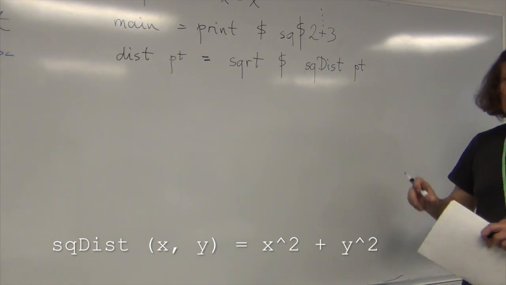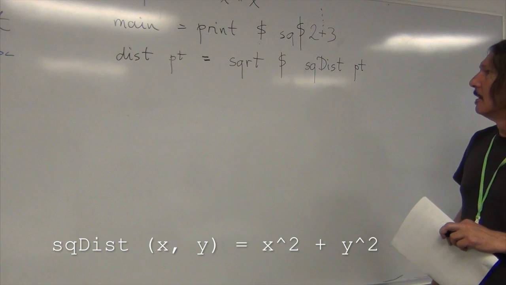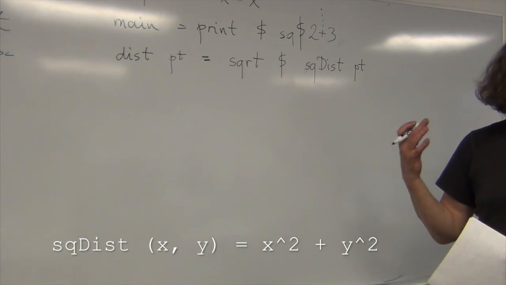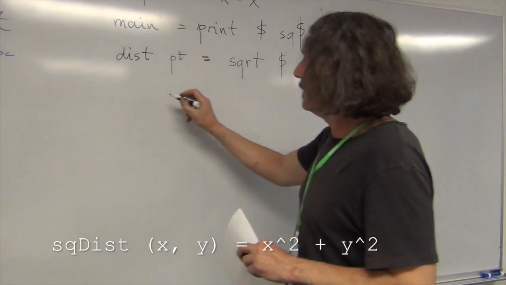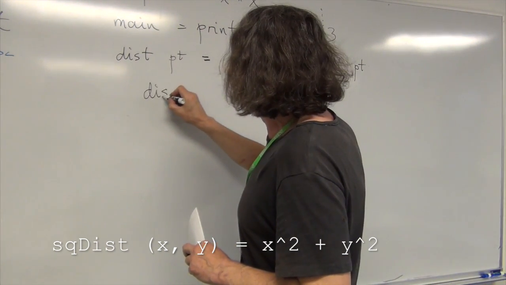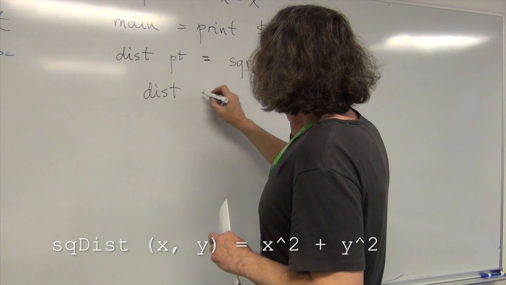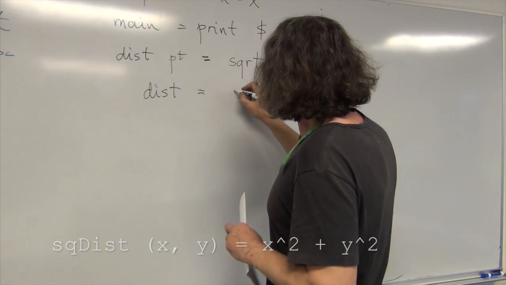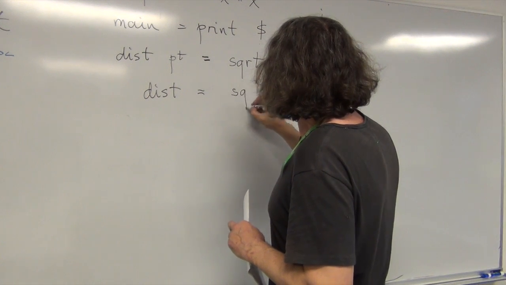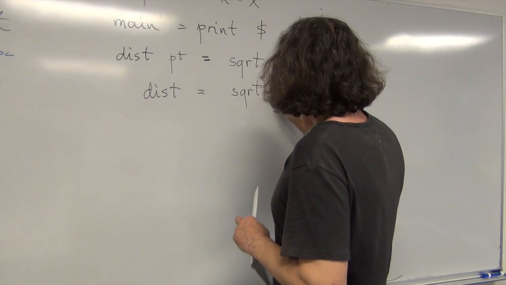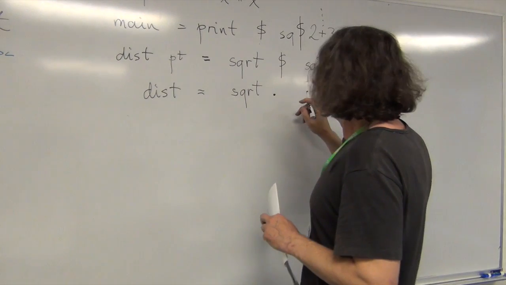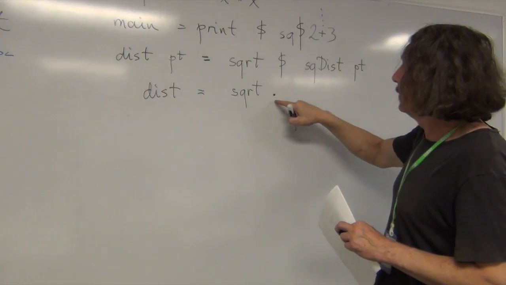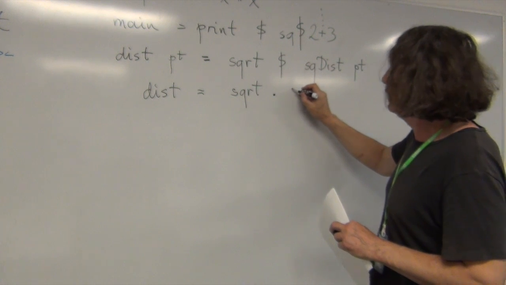So this works, but it's kind of awkward. There is a simpler way of writing this. Because what we are saying is that there is a function called dist that is equal to these two functions applied one after another, SQRT and square distance. Composition of functions has a very simple denotation, dot.